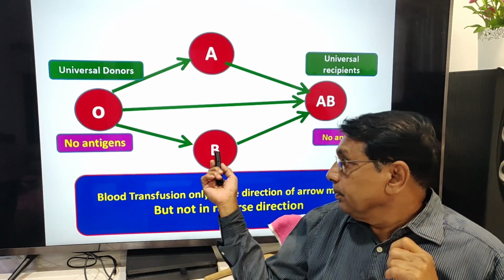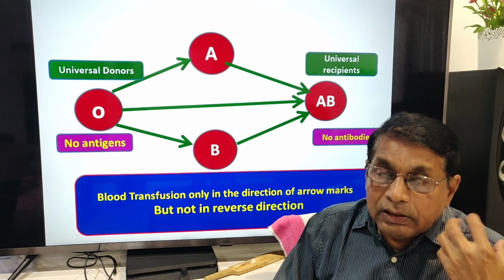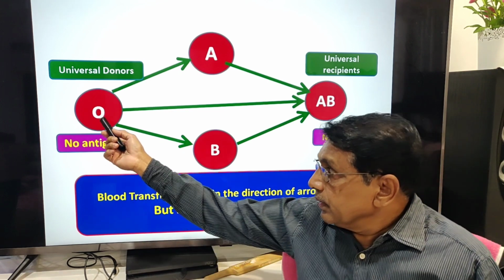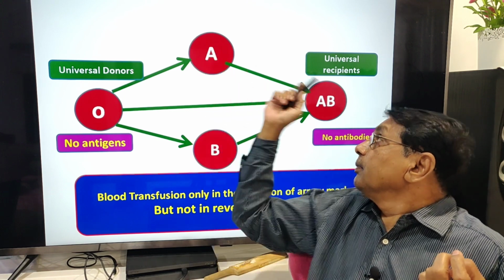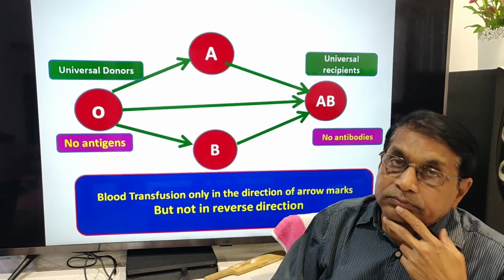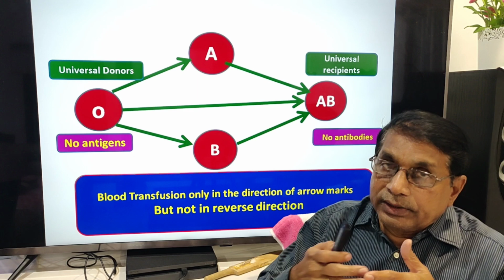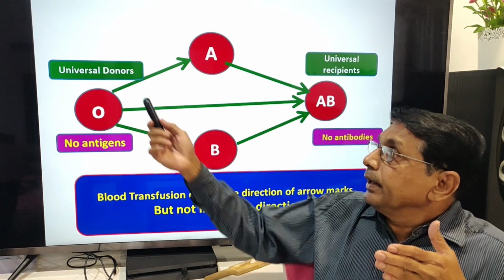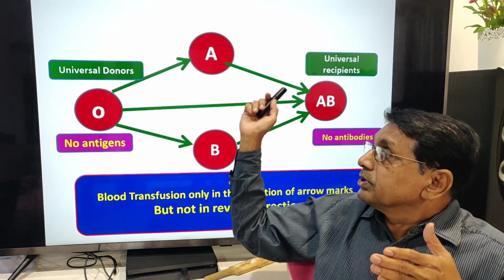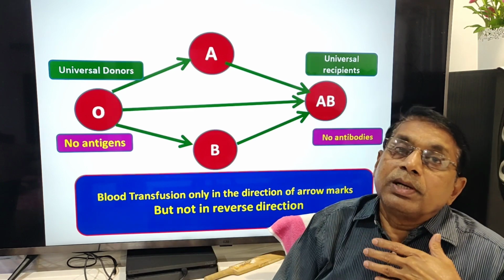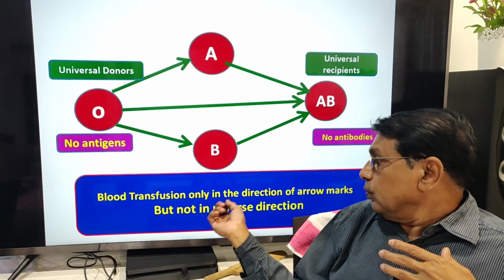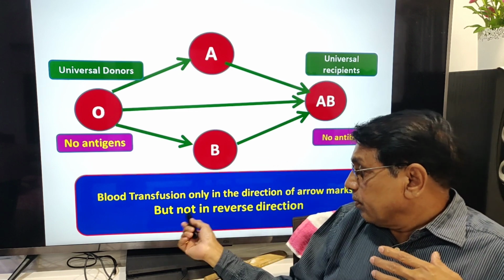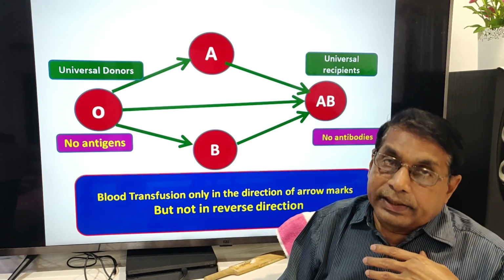Similarly, if you take the B blood group, he can receive blood from O and his own group, but not from A and not from AB. The arrow marks indicate the direction in which blood can be donated. Transfusion is only in the direction of the arrow, not in the reverse direction.